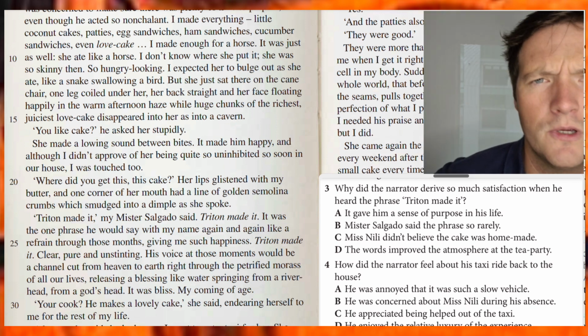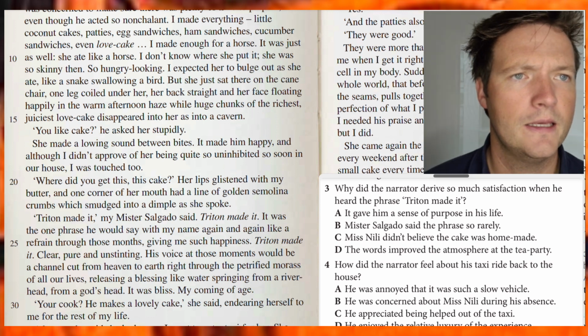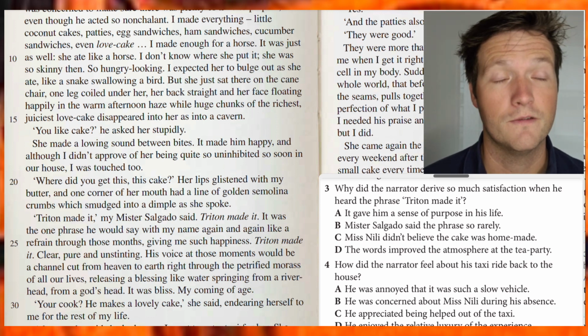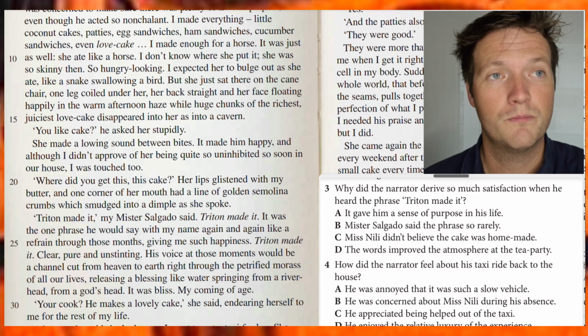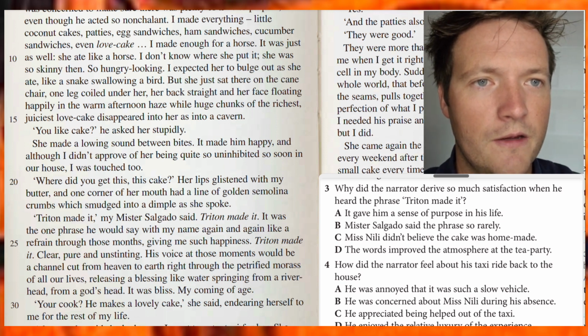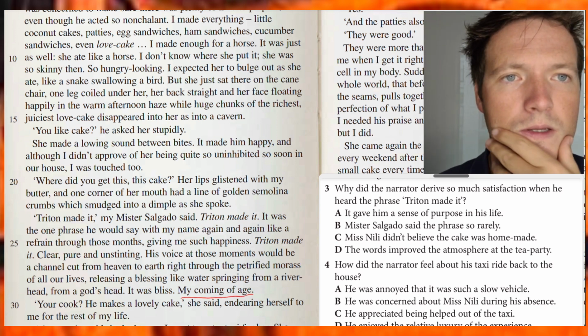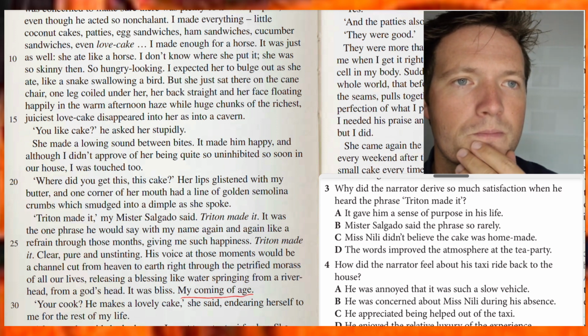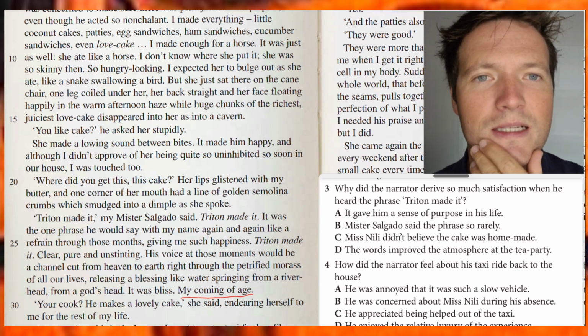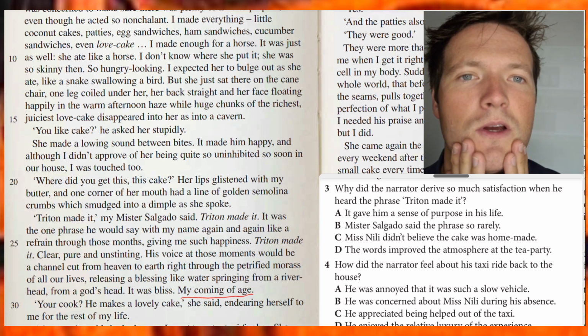Right, so I think we can have a look at the options then. Option A, it gave him a sense of purpose in his life. That looks pretty good. He says, my coming of age, right? It also says, like a channel cut from heaven to earth, right through the petrified morass of all our lives.